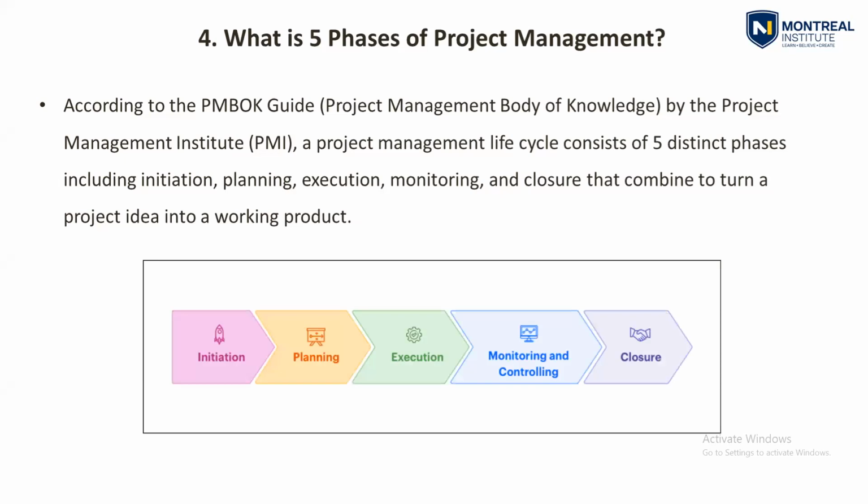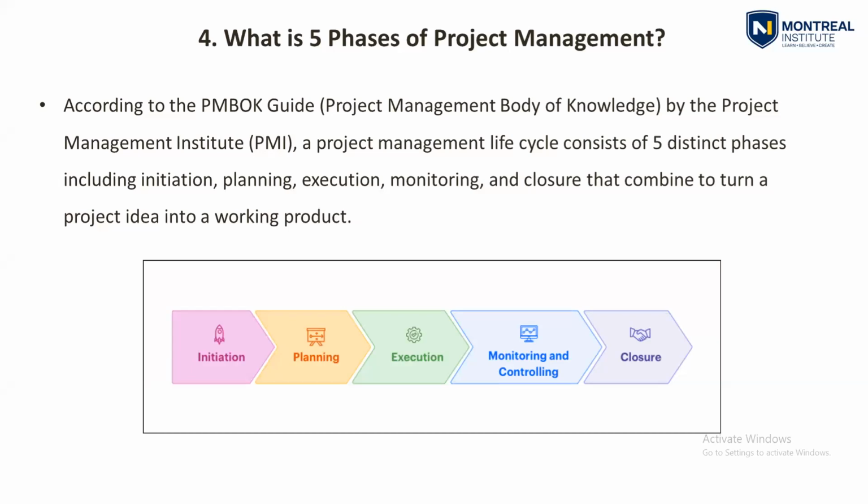So this is how it will look. You will discuss your project in the initiation stage. You will plan the project, how much resources, how much material, how much cost, everything, in the planning stage. To execute, you will come to the third phase, that will be your execution phase.